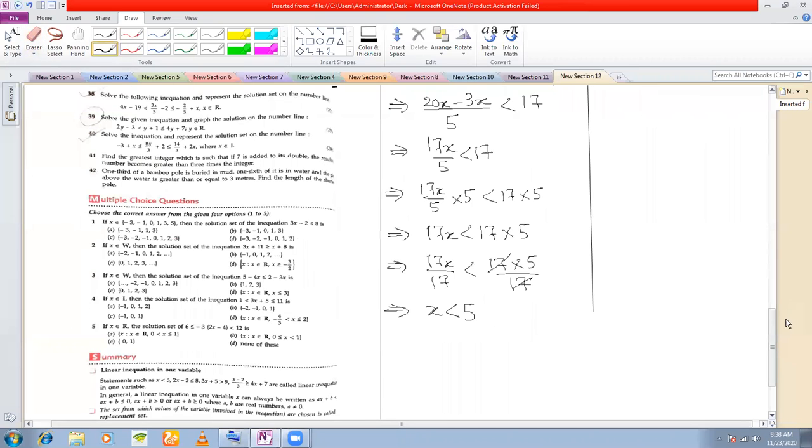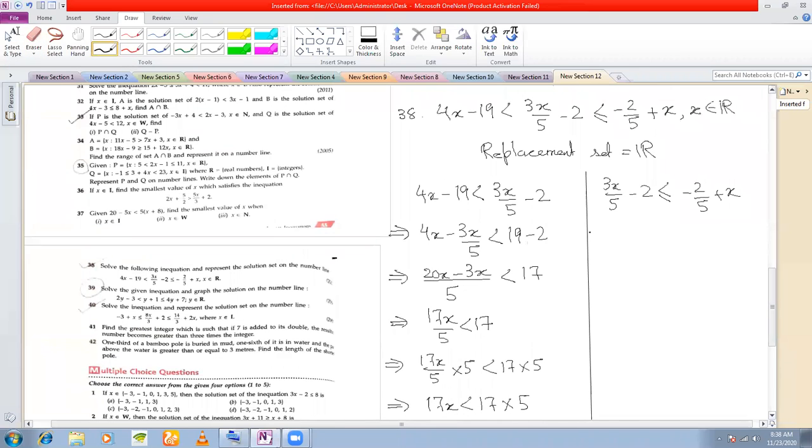Let's see the next one. In the next one, again you take the x's on one side. 3x by 5 minus x is less than or equal to 2 minus 2 by 5. Take the LCM now. You get 3x minus 5x is less than, in 5, so you get 10 minus 2.